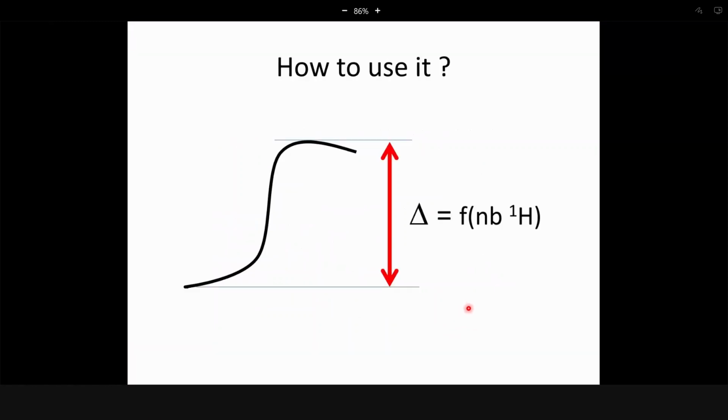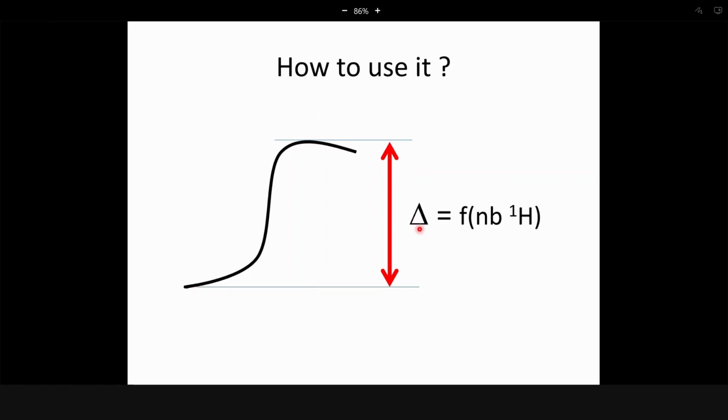So how to use these curves? We can make the difference in centimeters. We look at the width between the lower level and the higher level.